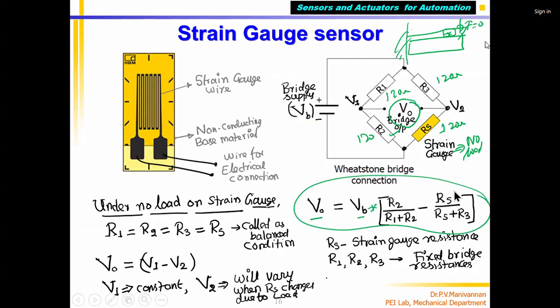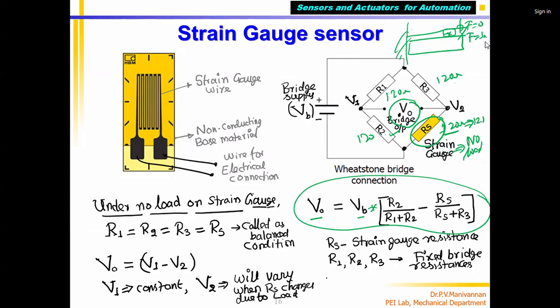Okay. Now we know that this resistance is 120 ohm. This is 120 ohm. This is 120 ohm. The resistance is 120 ohm when there's no load condition. Now, if you applied 1 Newton force, I told you I apply F equal to 1 Newton. What will happen? This strain gauge resistance alone will become 121 ohm or something. Correct?